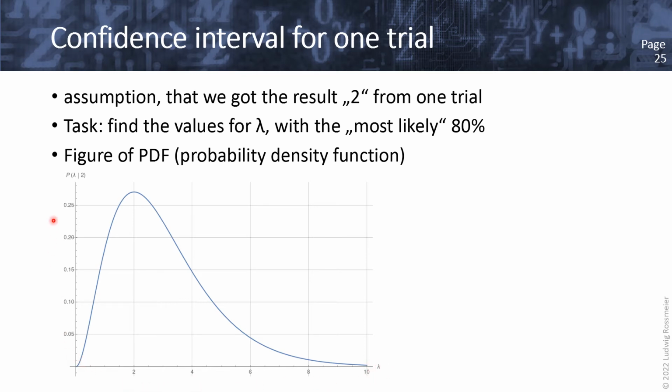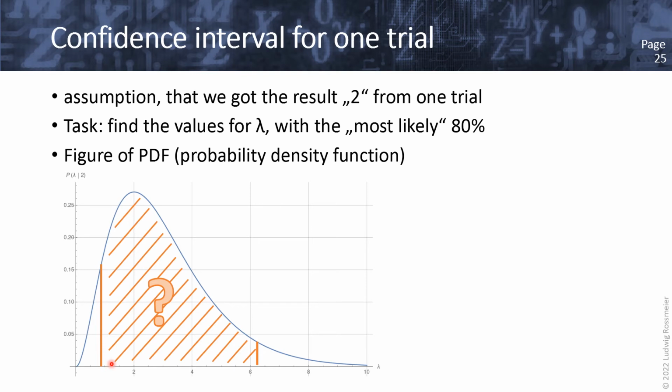Here we have the probability densities. We assume that r equals 2, and we get a curve which looks like this. The maximum here is for 2, and now we have to find a way to getting the most likely 80%.